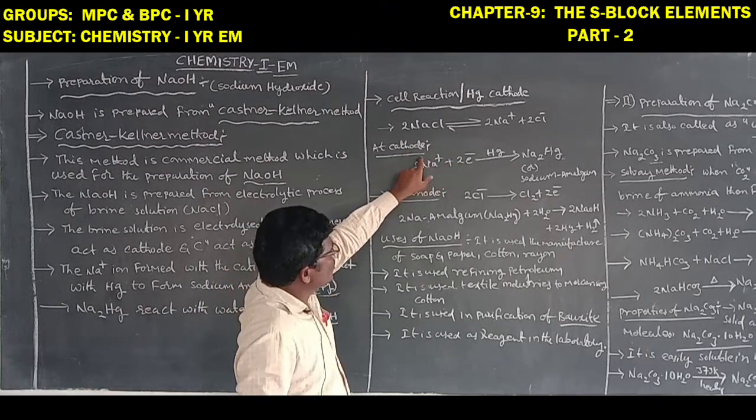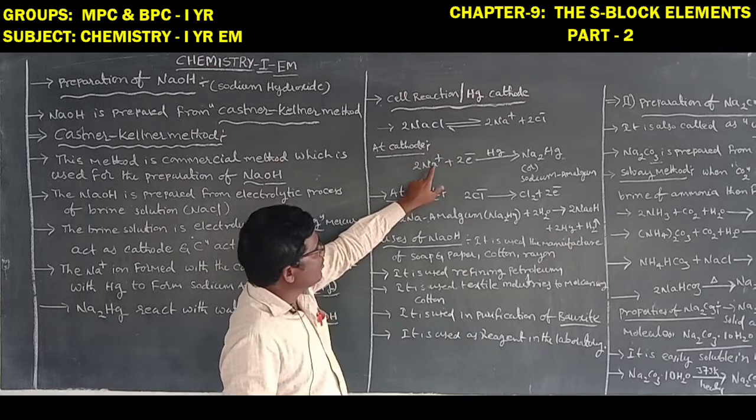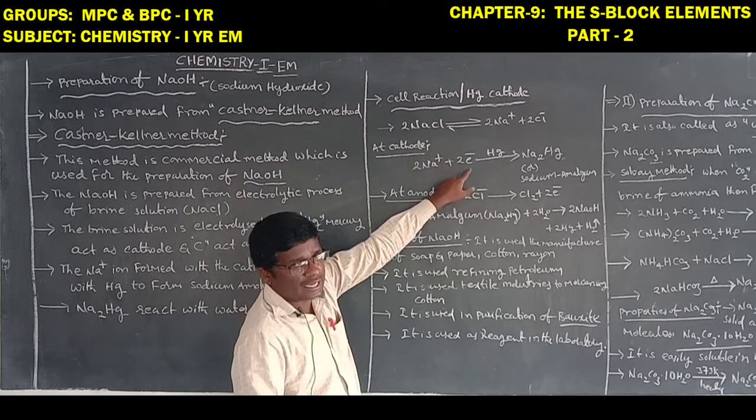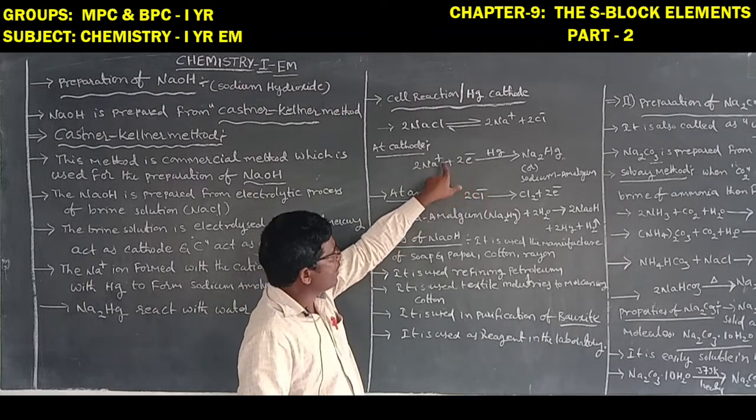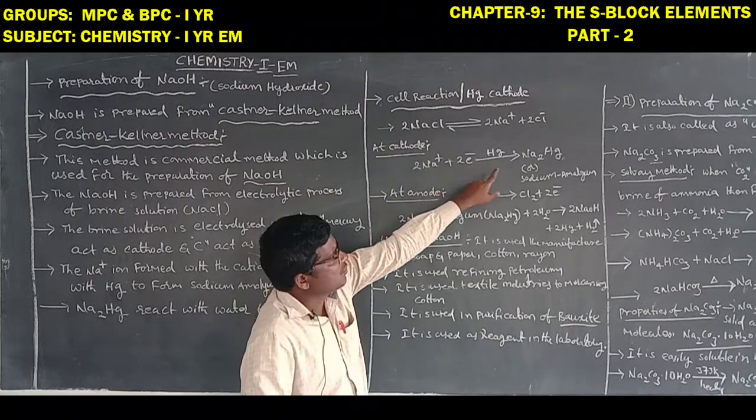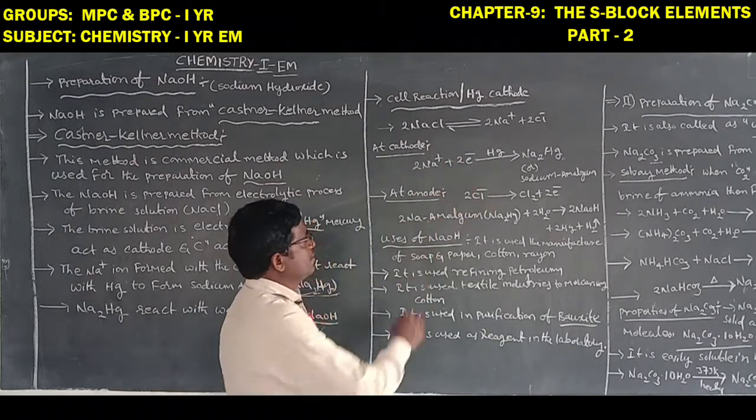Mercury acts as the cathode, combining with the Na+ ion to form sodium amalgam.